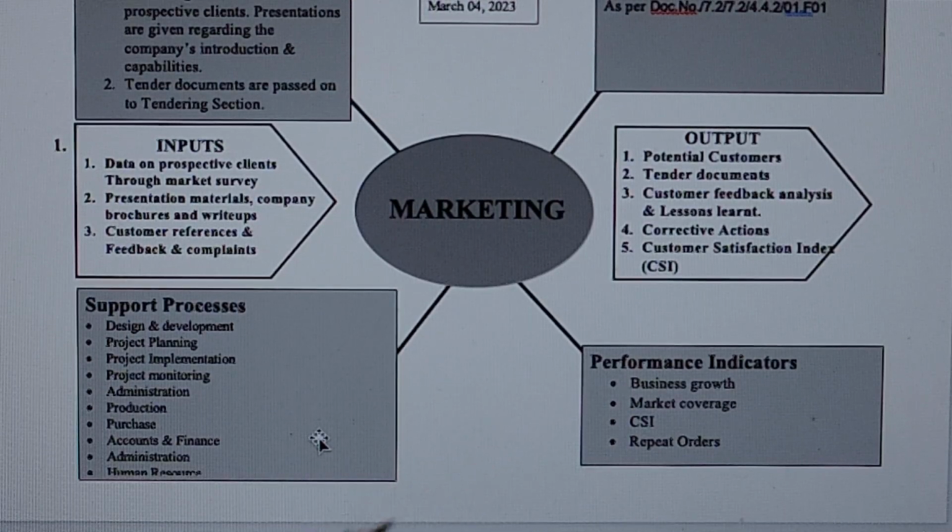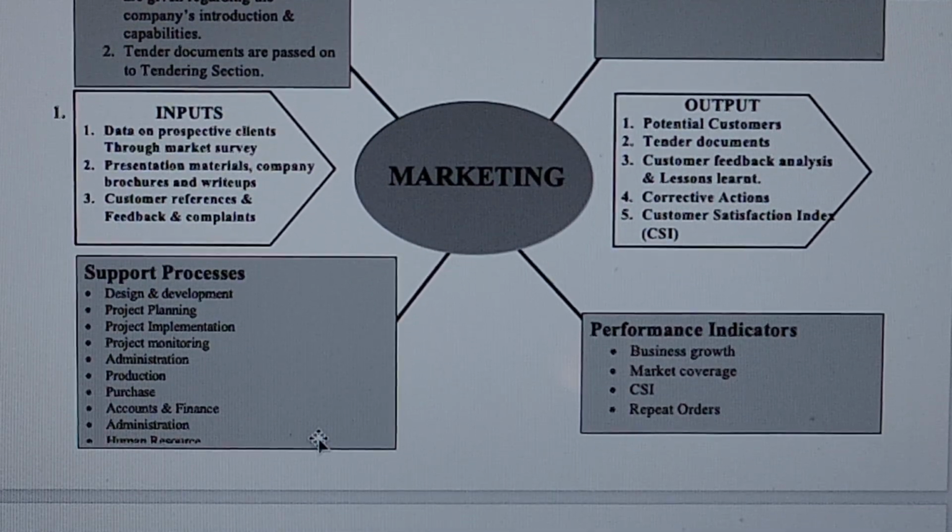So performance indicators for marketing are business growth, market coverage, and some other indicators are here, customer satisfaction index and repeat orders. So CSI is customer satisfaction index. As you can see in the output also it is described.